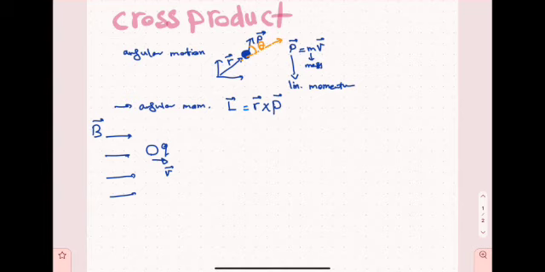Then we want to calculate the force that is applied on this particle from the magnetic field. It turns out that this force, let's call it F of m, would also be perpendicular to the plane that the vector v and the vector B make together.